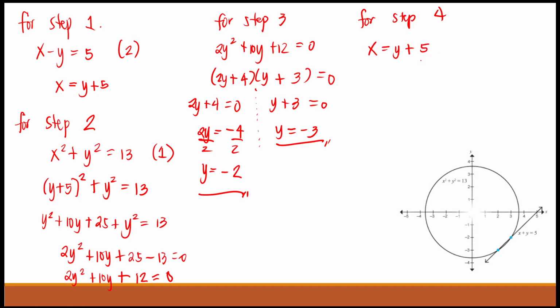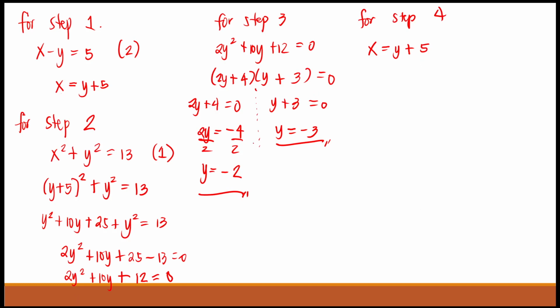That is the result for step 1. However, for step 3, we solve y equals negative 2. So for y equals negative 2, that means we substitute the value of negative 2 to y. So we have negative 2 plus 5, and we get positive 3.